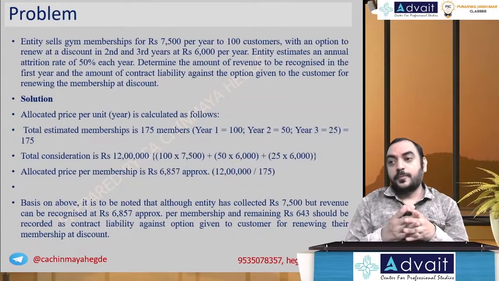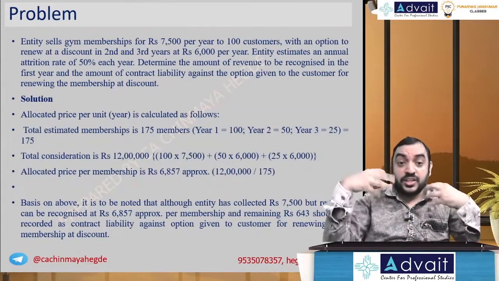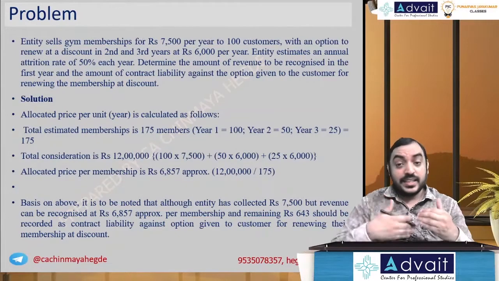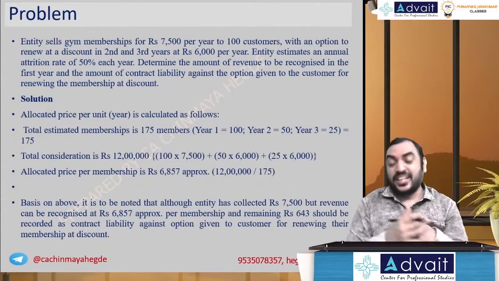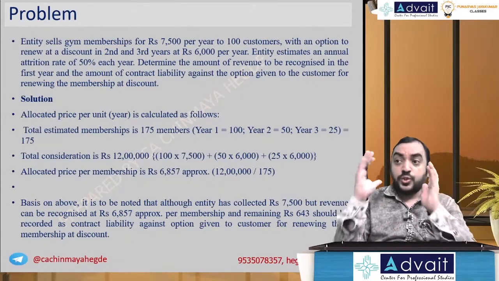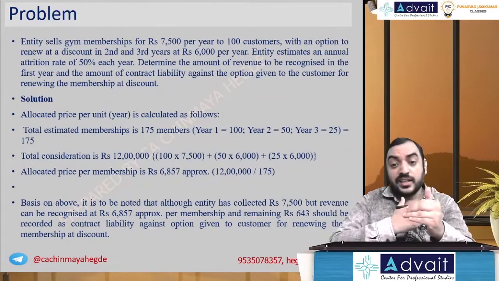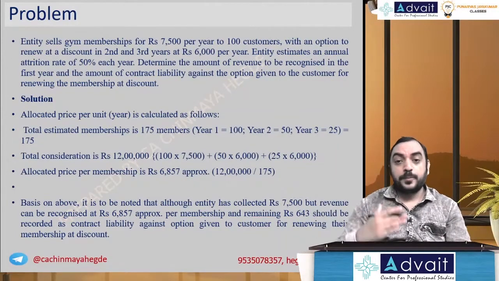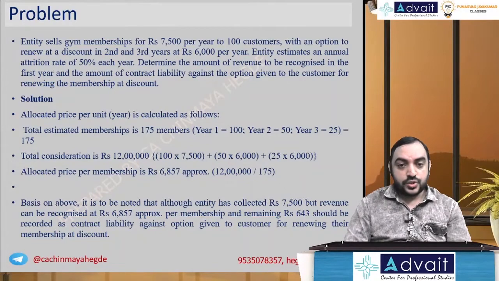That's not the way. Because the performance obligation from the entity side is that all the 3 years are connected. So what you should do is estimate the revenue for all the 3 years and distribute it proportionately over a period of 3 years. If I show it in this way, hopefully you understand better.